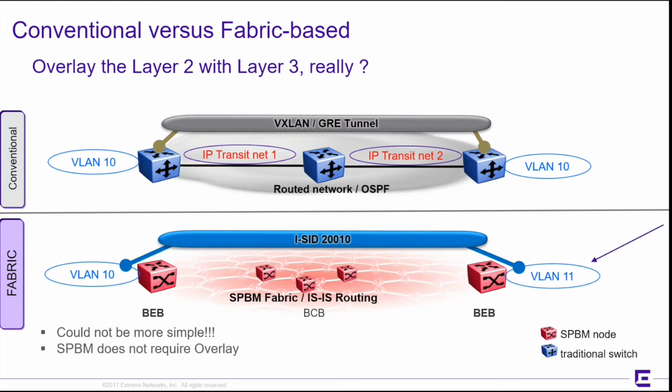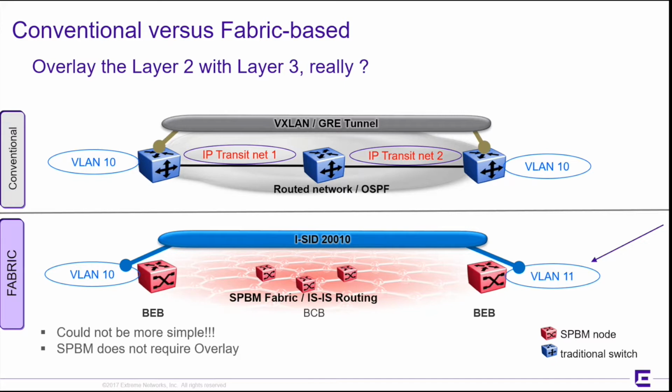We're showing 1 switch here, but what if it's 10, 15, 20, whatever? You need to create those tunnels across all those routers. So a lot of complexity, a lot of configuration, a lot of room for a fat finger where you could do something wrong.